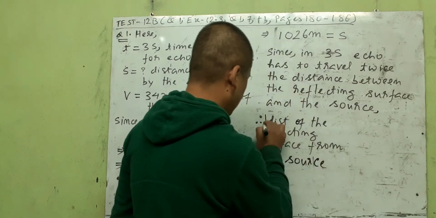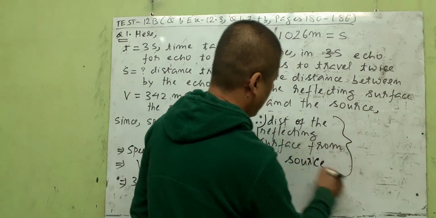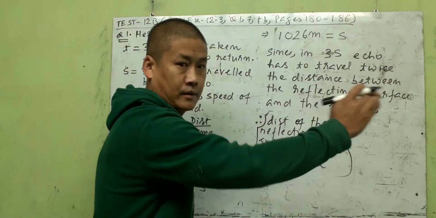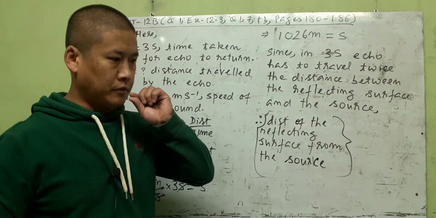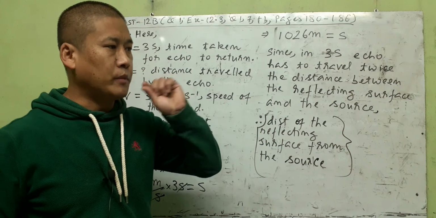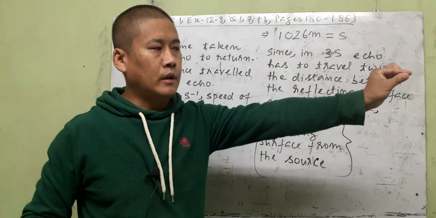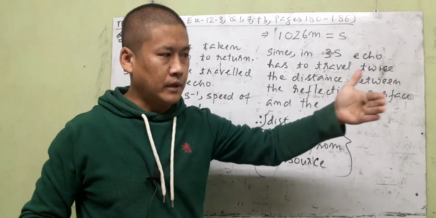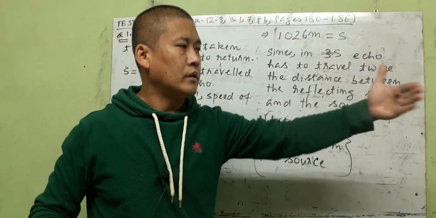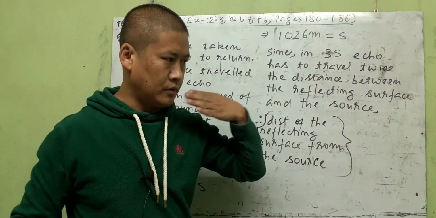From the source, the actual distance to the reflecting surface. So suppose that wall is the reflecting surface and the sound comes out of something like your mouth. So the sound goes and hits the wall, is reflected back and comes to you, which is called echo. So that is double the distance between the source and the wall.